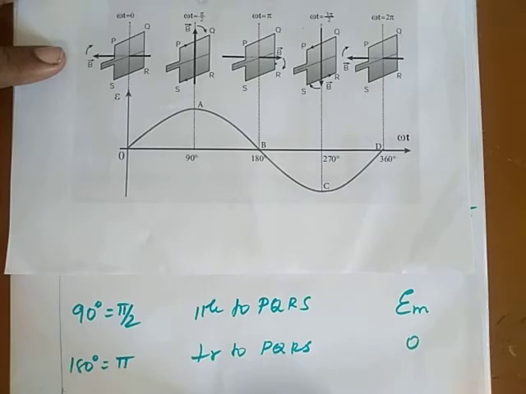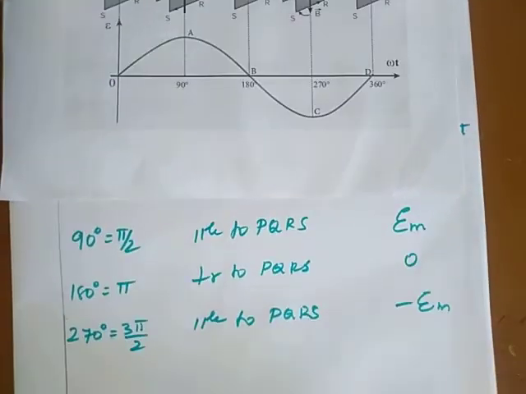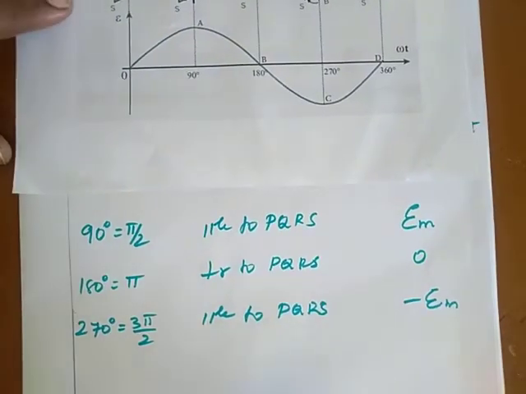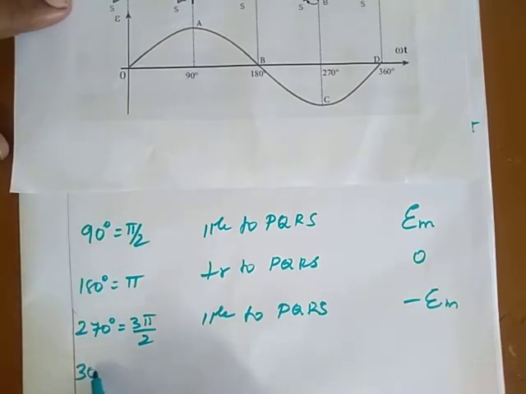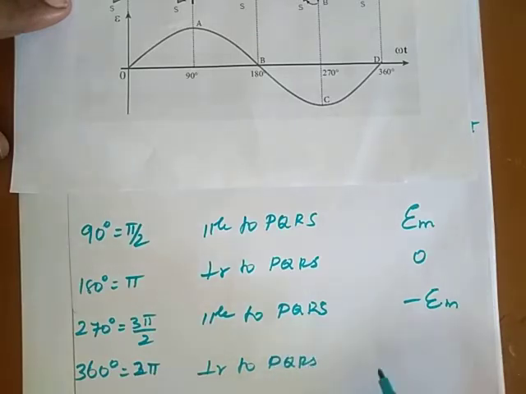For that case it is anti-parallel to the plane PQRS. For that case we get the negative maximum, that is, the direction is reversed. At last, at 360 degrees for one complete rotation, that is 2 pi, it becomes again perpendicular to PQRS. For that we get 0 EMF.